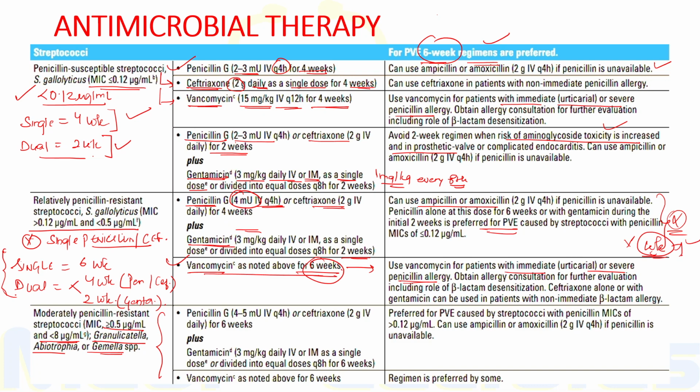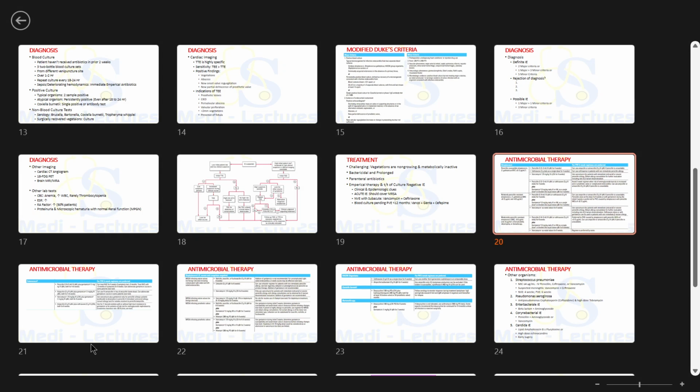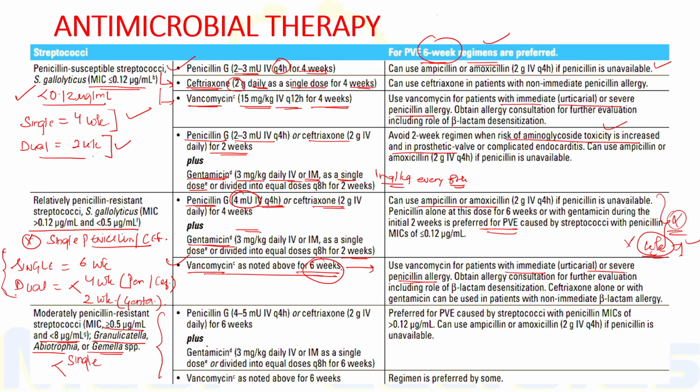Finally, if the MIC is more than 0.5, then we can give either single drug or dual drug. Both single as well as dual drug would be given for 6 weeks. Singly we can give vancomycin as we have discussed in the above table.